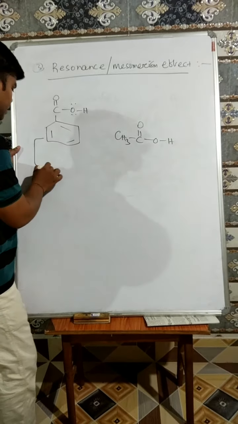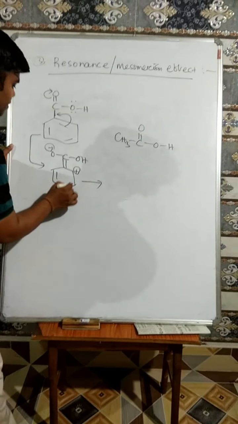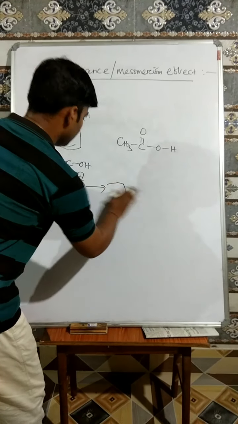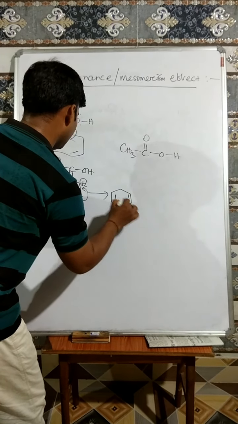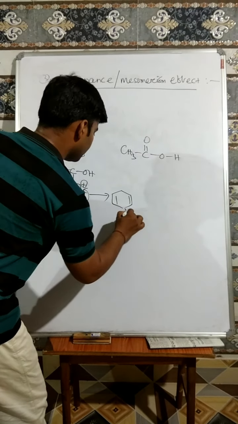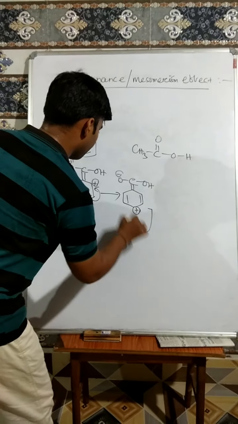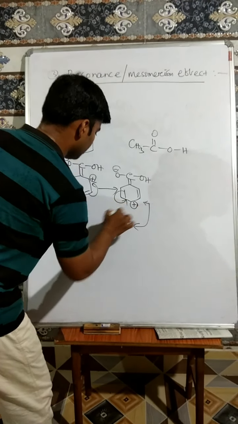First the electrons from the ring go towards the carboxylic group, so we get the plus, and in this way we can create here a double bond, here C double bond O negative on the OH, and in this way we get more.